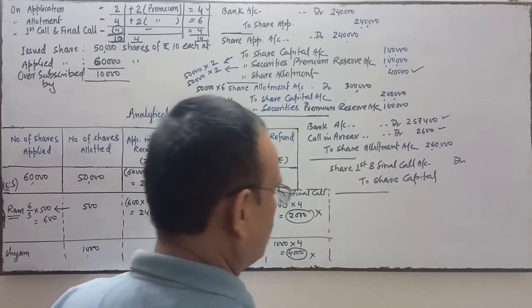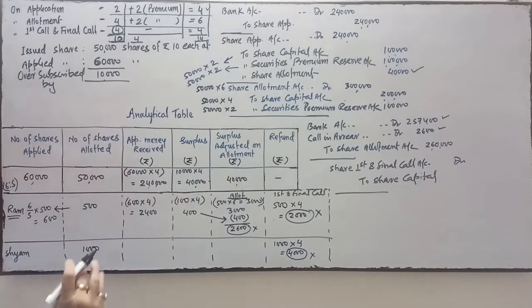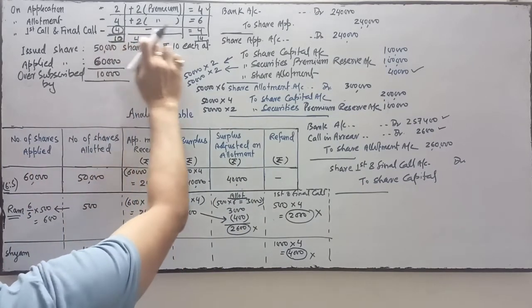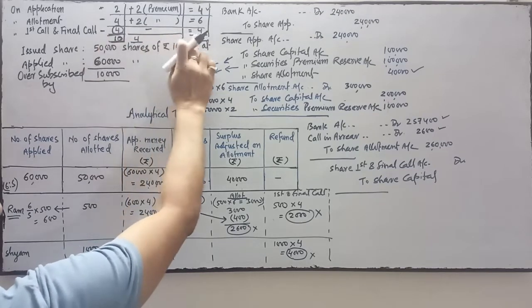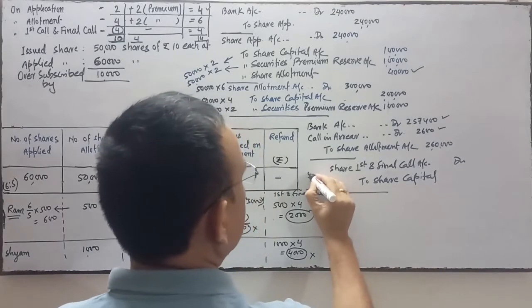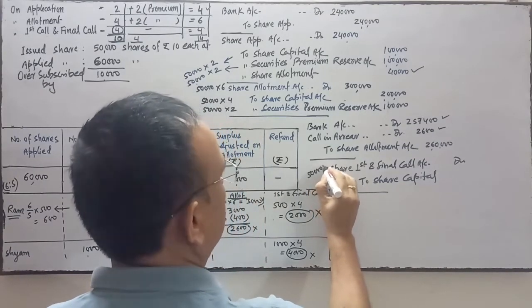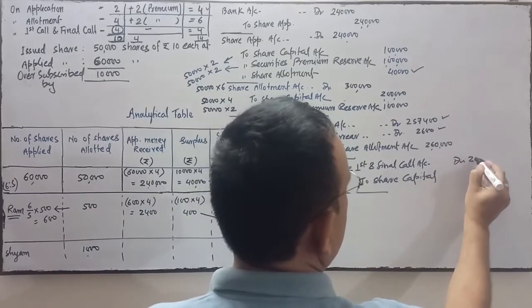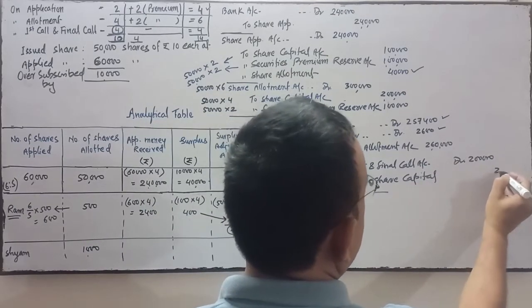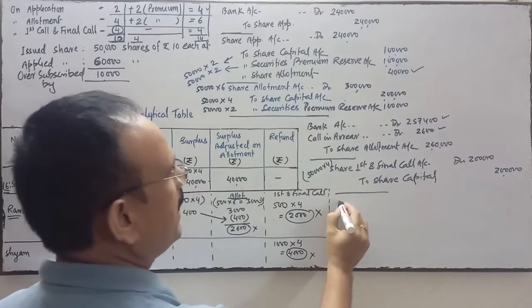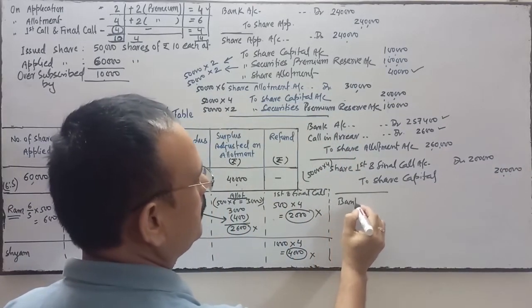So number of shares allotted is 50,000 and first and final call amount is 4 rupees. There is no premium in first and final call. So 50,000 into 4. It means 2 lakhs is due.